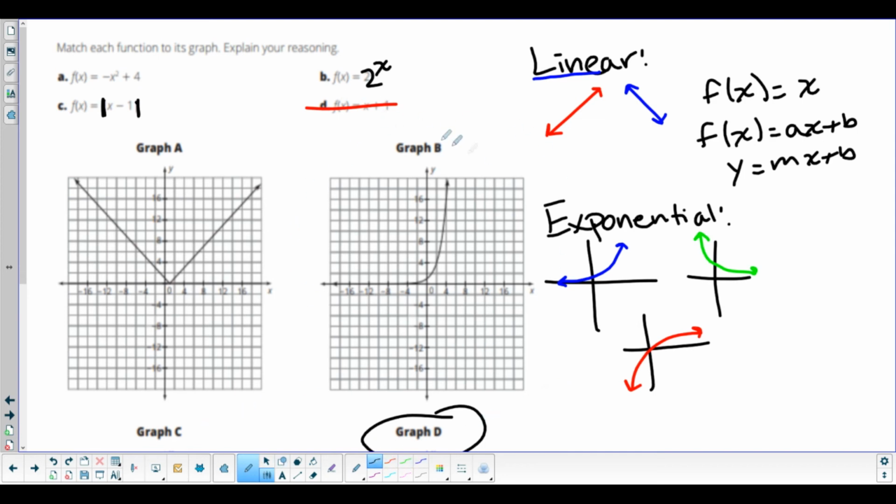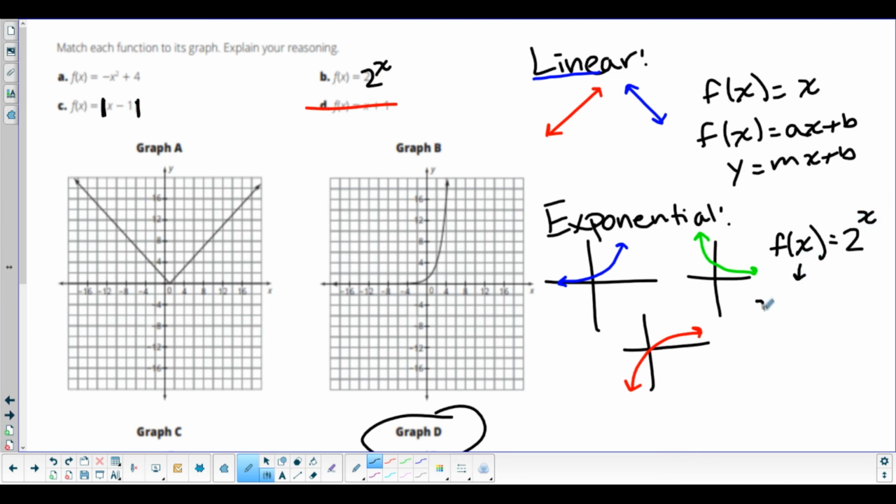Now, the equation, the function for exponential, the most important thing that happens is that there's some number on the bottom. Now, it can be any number, 2, 3, 4, whatever you want, as long as it's bigger than 1, or not equal to 1, actually. And the most important thing is that there's an x in the exponent, right? It becomes exponential if x is in the exponent.